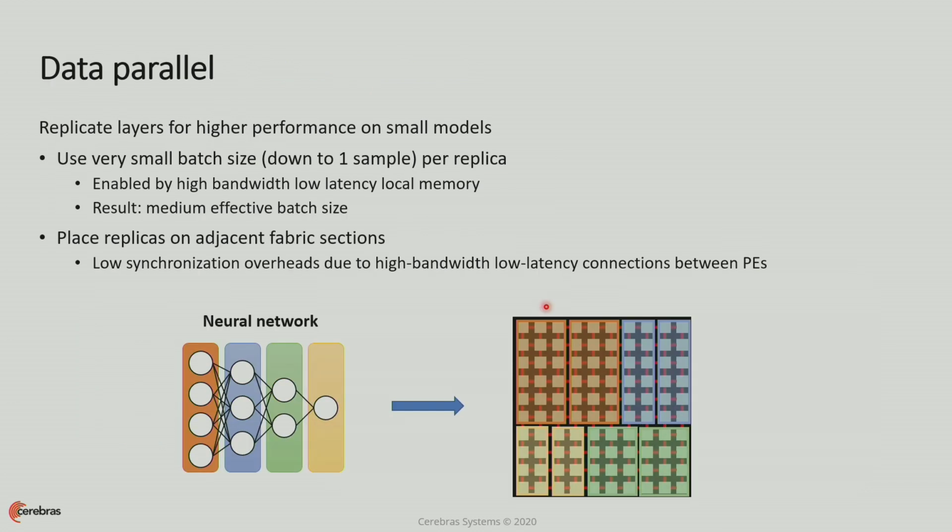But for some models which are small, we still also add data parallelism into the mix. But we do that slightly differently compared to traditional clusters. Instead of replicating the whole model and placing one model on one device or one portion of the fabric and another replica on another portion, we replicate layer by layer.